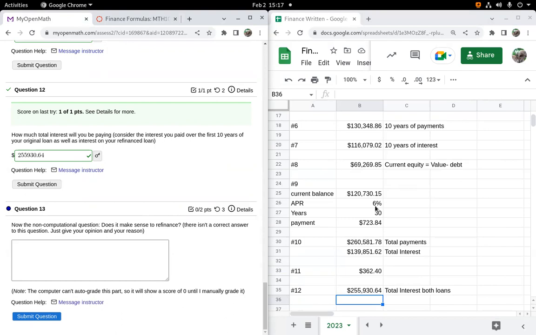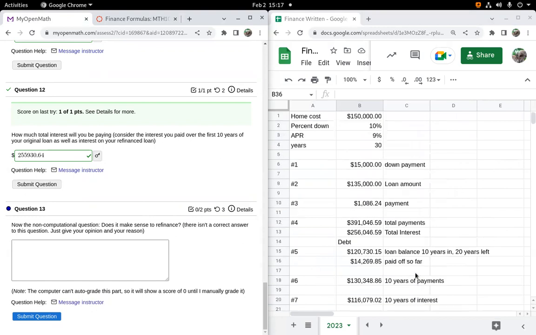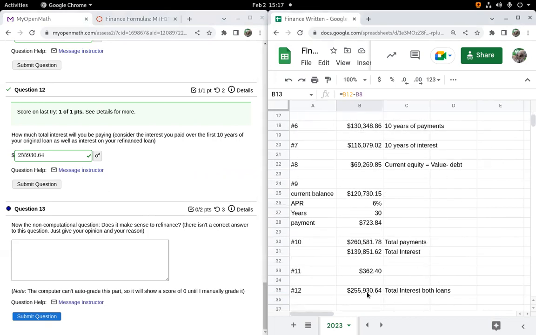So we have a little extra money that we get to hold on to over that time. But then there's again, that time span. We have interest to consider that would have been paid over the original loan. What if we had just kept that? Think about that total interest versus this one right here.